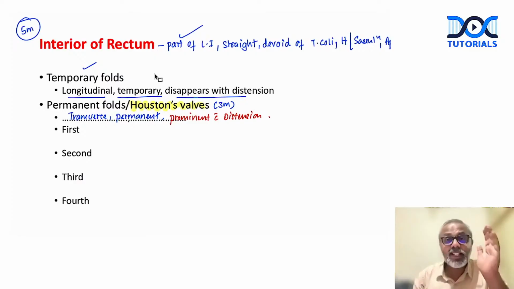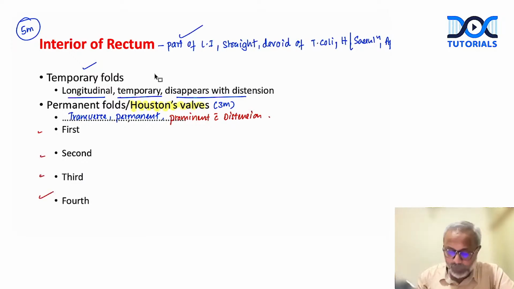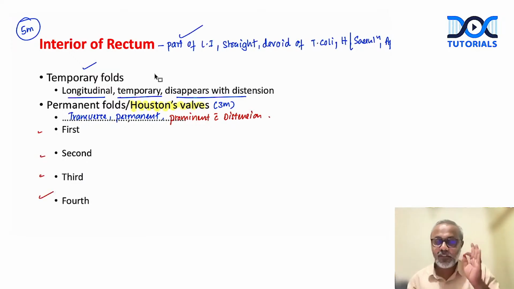Right? These rectal folds or Houston's valves are 4 in number. Now we can simply remember which side each is present on. Please remember like this.